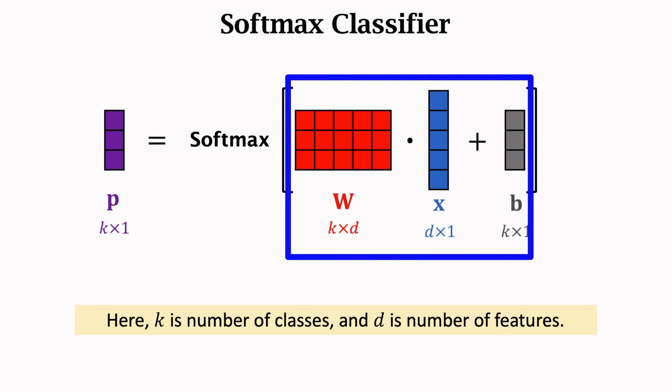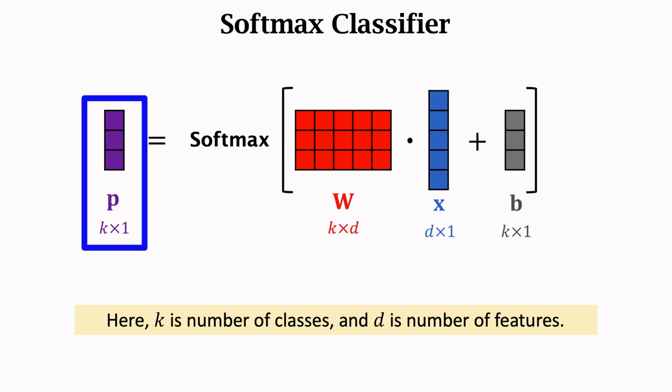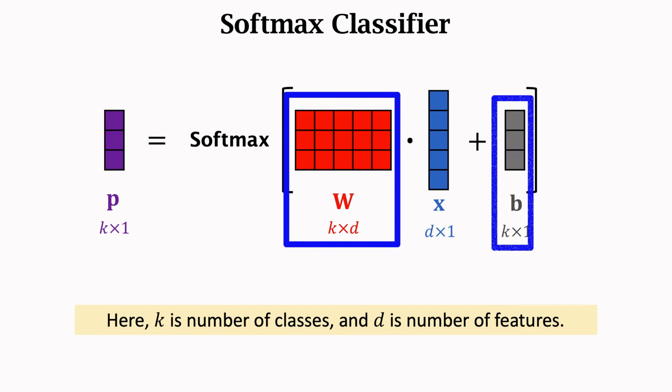Finally, apply the Softmax function. The output is vector p. If the number of classes is k, then vector p is k-dimensional. Matrix W and vector b are the trainable parameters of the Softmax classifier. They can be learned from training data.